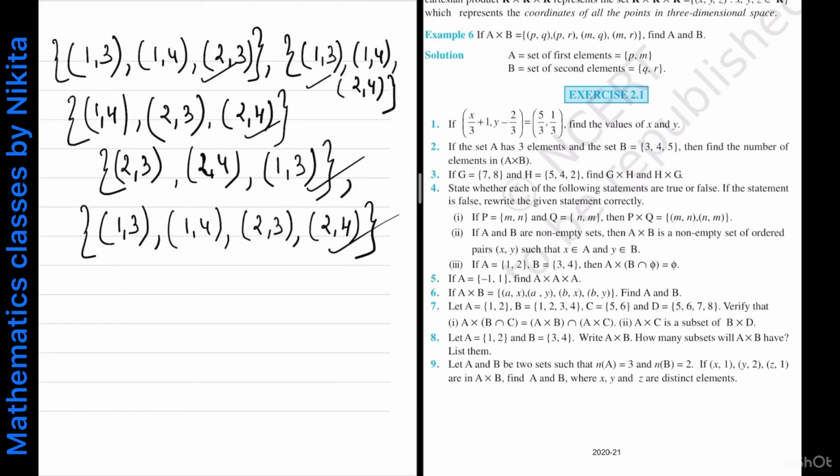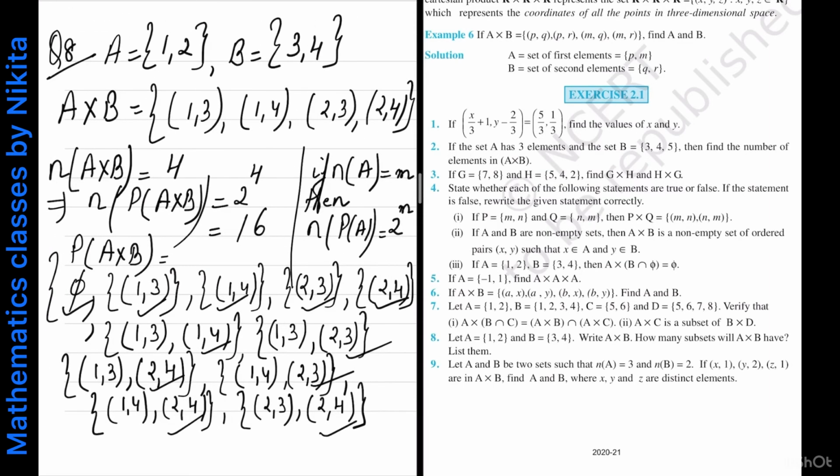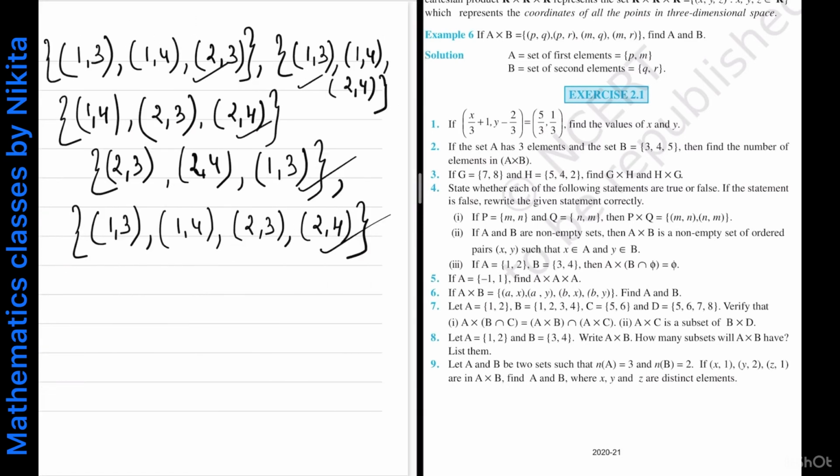So 16 subsets we have written. So here in this collection, in the power set of A cross B, how are the elements? Elements are sets and each set contains ordered pairs. So this is a collection of sets and each set contains ordered pairs.